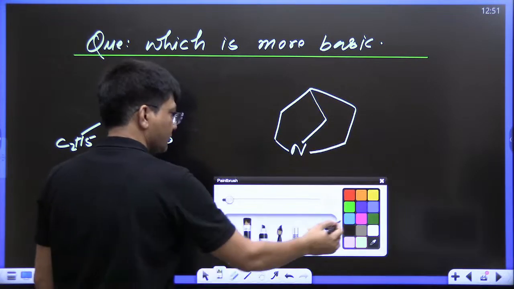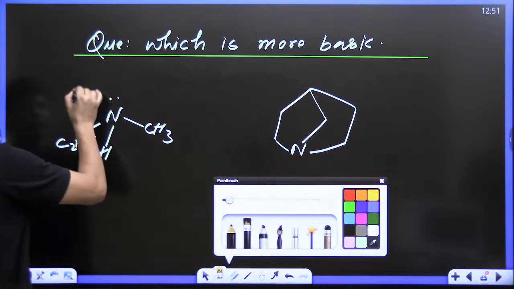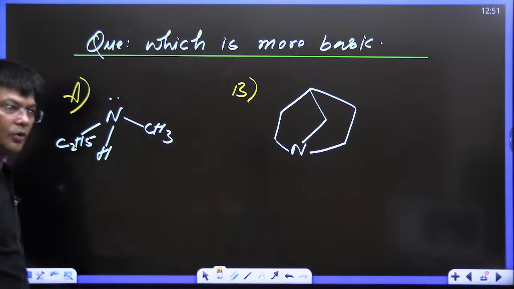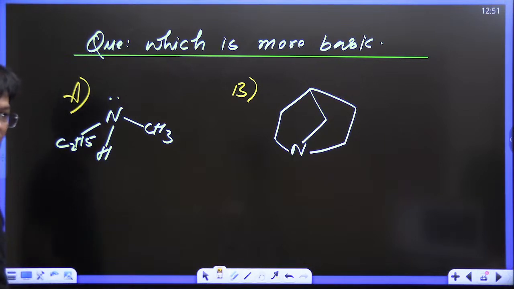This is A and this is B. Which is more basic? Do let me know, kids. This is a mind-blowing, rank deciding question. This is the last question for today's lecture.